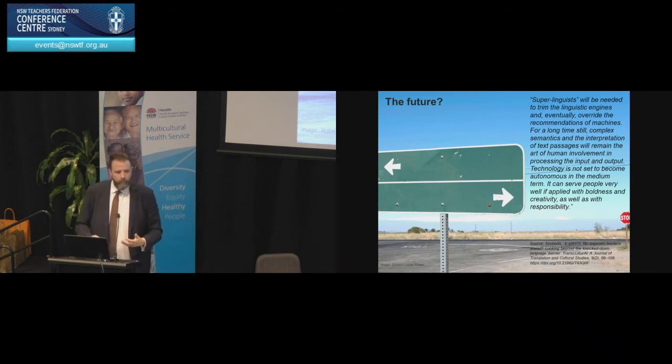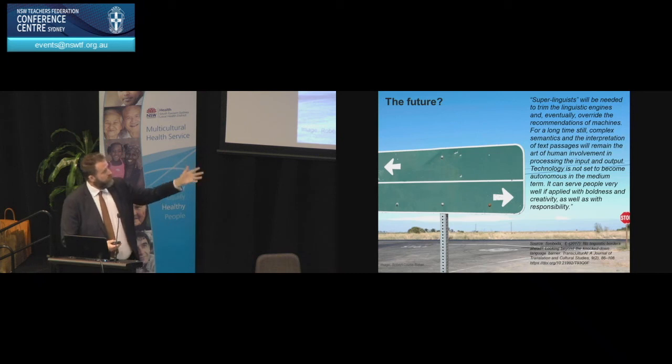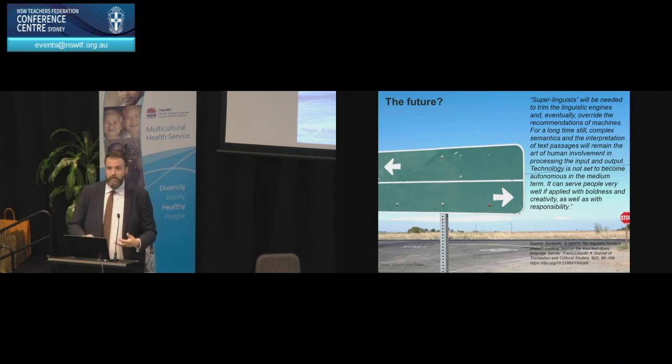However, I think what's really important is to note, and I agree with what he said here, technology is not set to become autonomous in the medium term. It can serve people very well if applied with boldness and creativity, as well as responsibility. So I think that's the imperative, but also the challenge for us, is to engage with this. It's happening. How do we engage with it in a way that maximises the potential benefits?